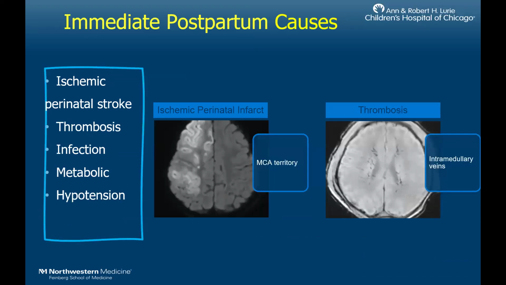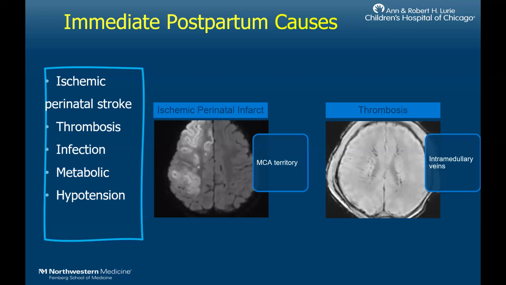And then finally, in the immediate postpartum period, there are mimics of ischemic HIE, which we'll discuss here. The most common of which is vascular injury, the most common being arterial ischemic stroke. This diagnosis shares overlapping risk factors and also delivery room presentation with perinatal asphyxia or ischemic HIE.